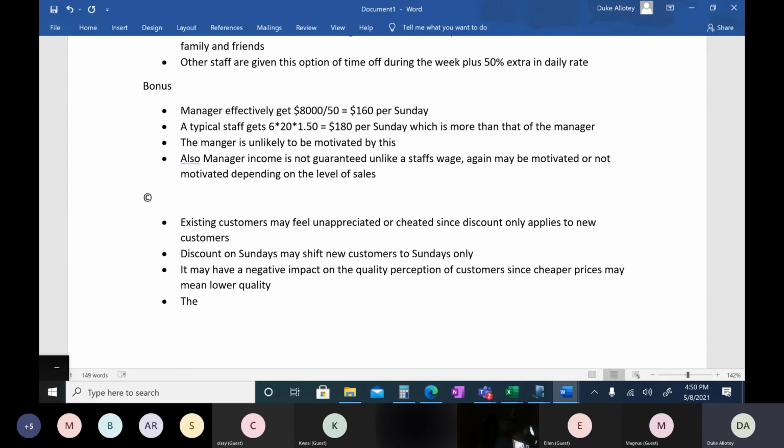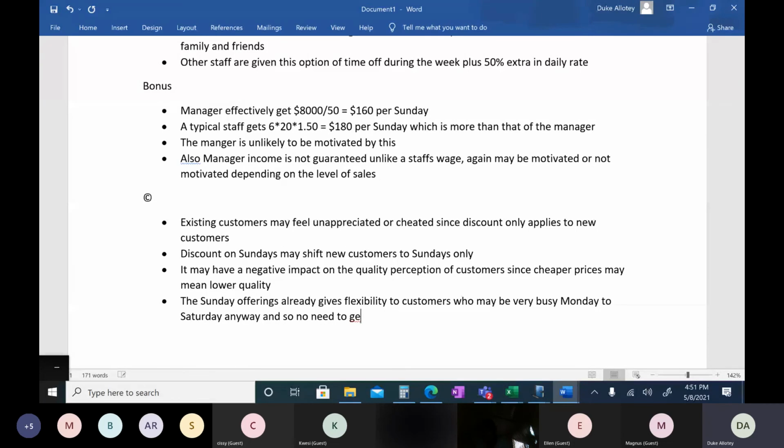What we're saying is the Sunday offerings already give flexibility to customers who may be very busy Monday through to Saturday anyway, and so no need to give them a discount.